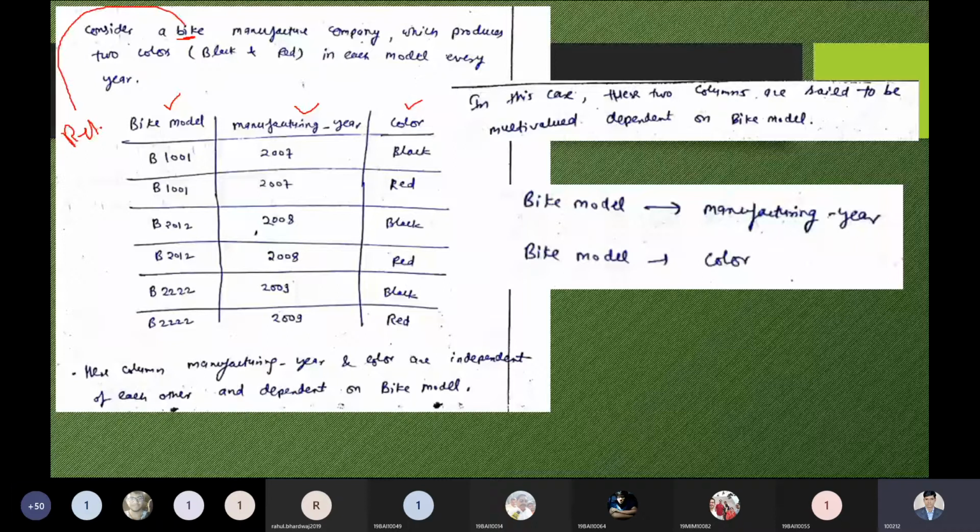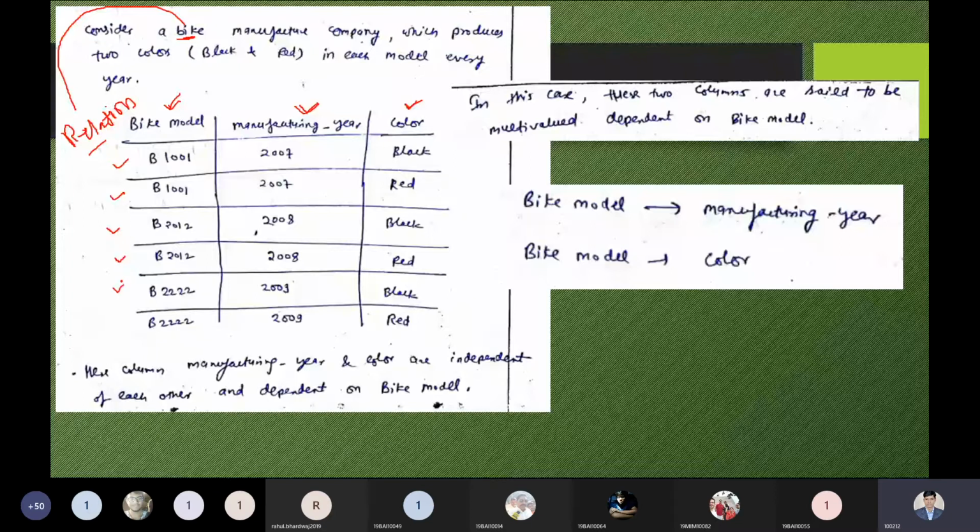Bike is our relation and it contains how many attributes? Those are bike model, manufacturing year and colors. So you can see the information of each and every tuple over here: B1001, B2, and so on.